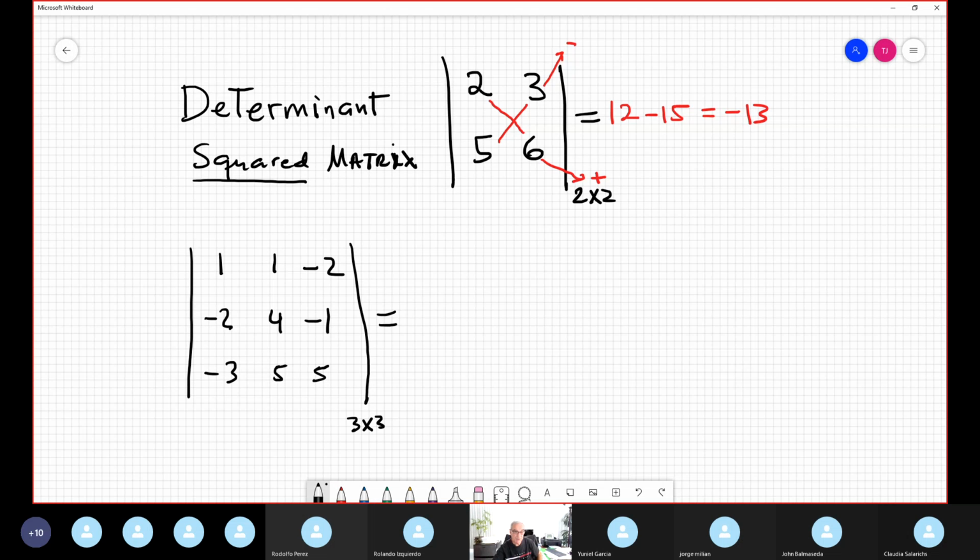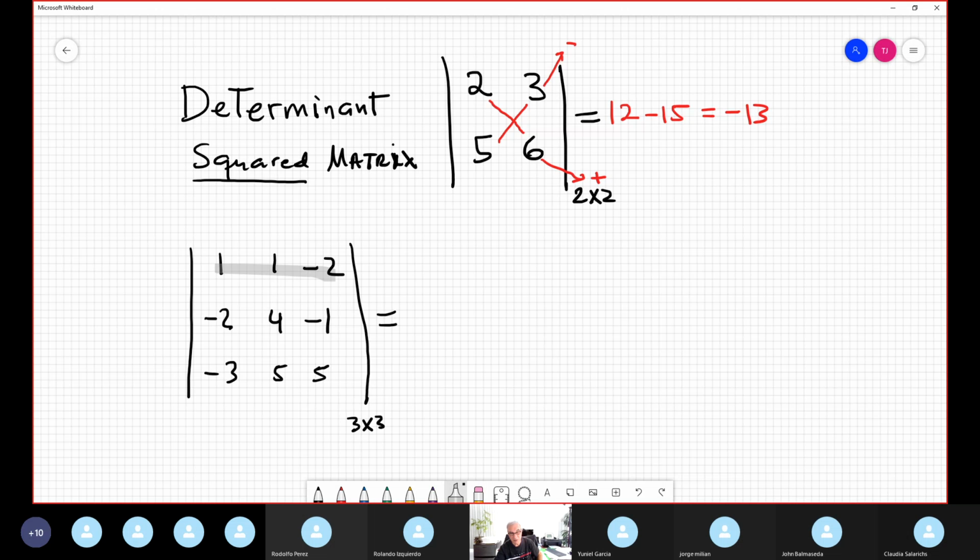You can take any row or any column. This is the beauty of this, to expand. Normally people prefer to take the first.